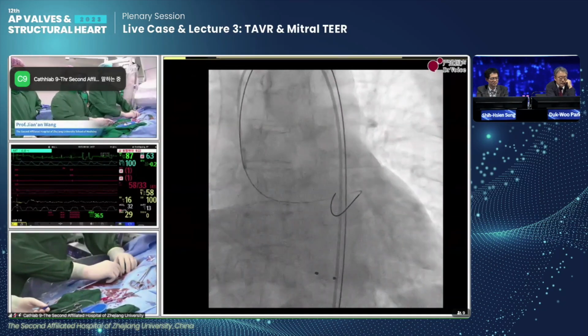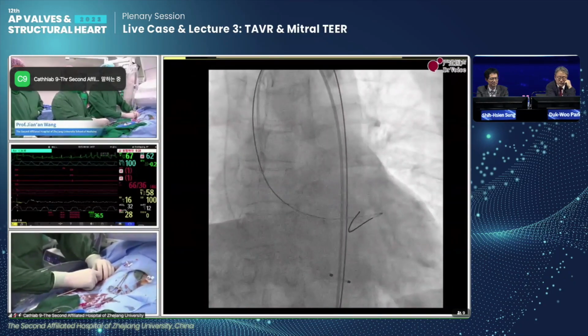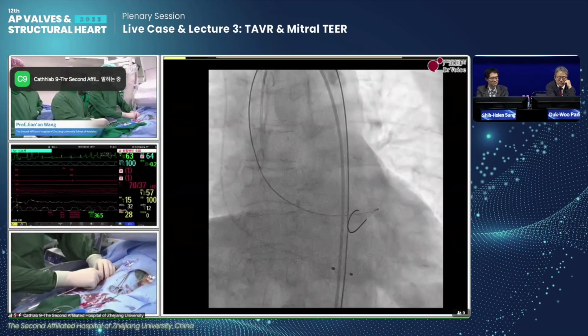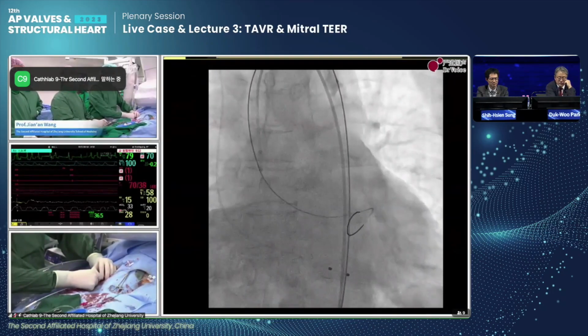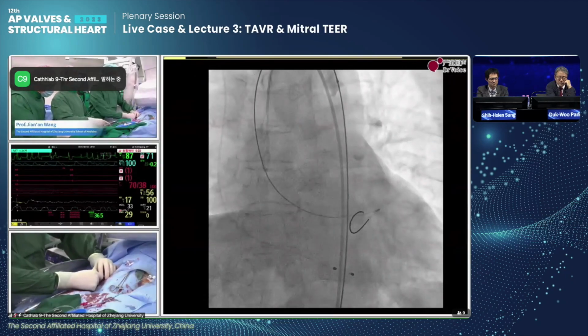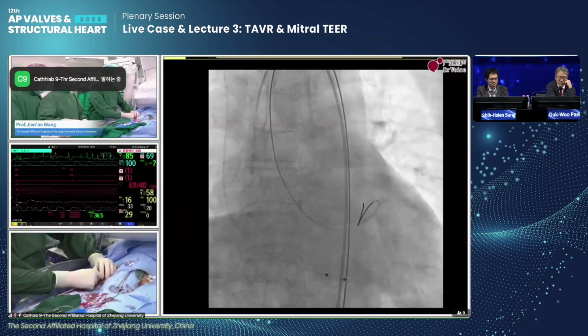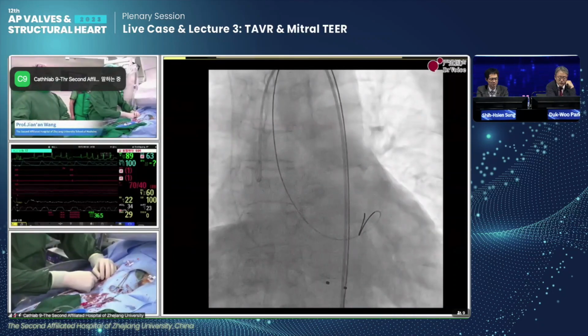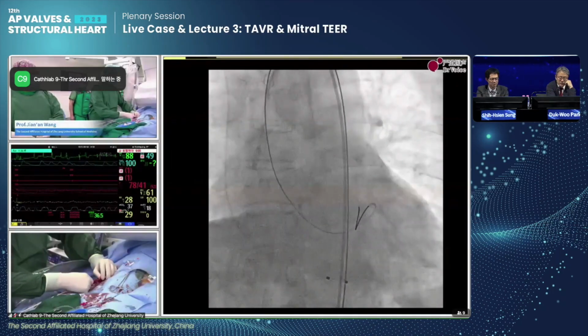Dr. Liu, can you comment on the size of balloon? Because you know the signal is not quite well, the balloon was not fixed well. During the inflation, the balloon was diving into the left chamber. So we need to adjust the position of the wire by pigtail.